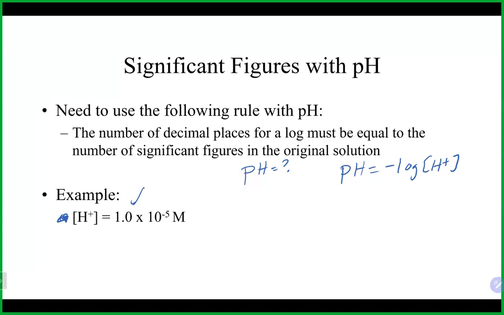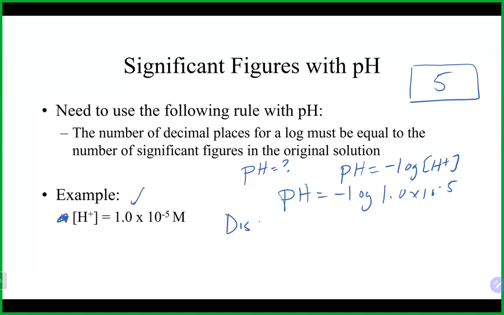Okay, so at this point, you should see on your screen 5, I hope. Yes, so that should be the number that you see. Again, the pH is equal to minus the log of 1 times 10 to the minus 5. On the display calculator, the way you punch it in would be negative button, log button, 1, exponent button, negative button, and 5.